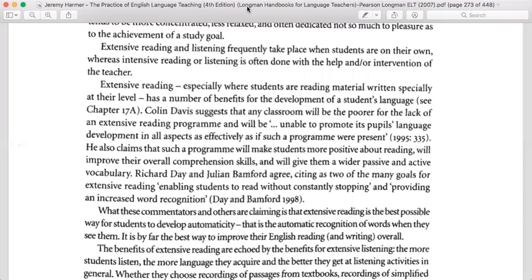Other than that, there can be an activity of storytelling. Okay, teachers can tell stories, which in turn provide excellent listening to the students.